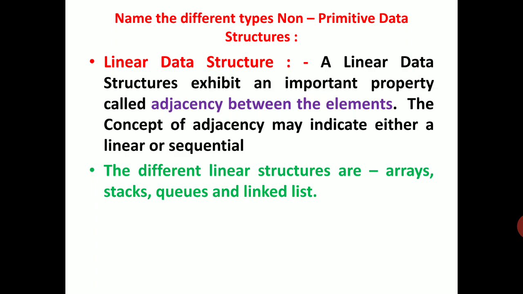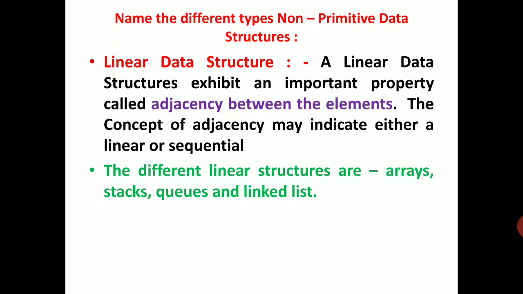We'll see what is given on the screen. A linear data structure exhibits, meaning shows, an important property called adjacency between the elements. The concept of adjacency may indicate either linear or sequential.